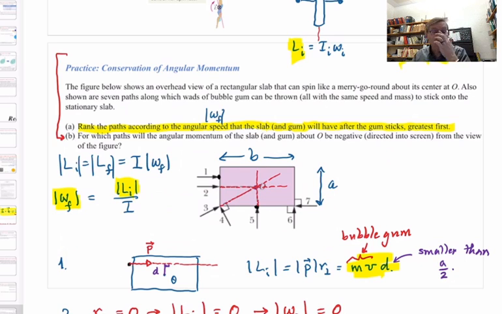All right, I just want you to list which of the 7 cases are going to result in an angular momentum directed into the screen. So I want you to answer that as class engagement on Blackboard.